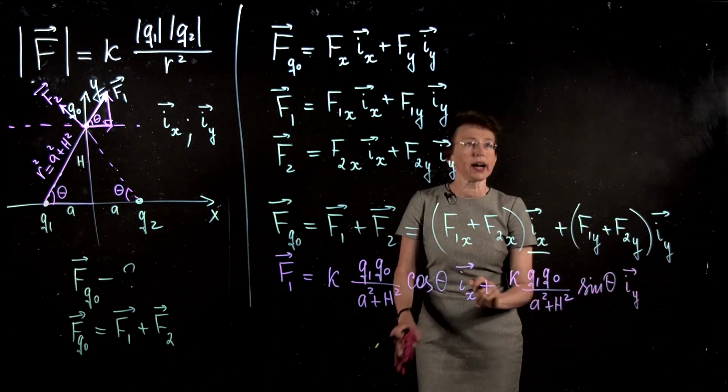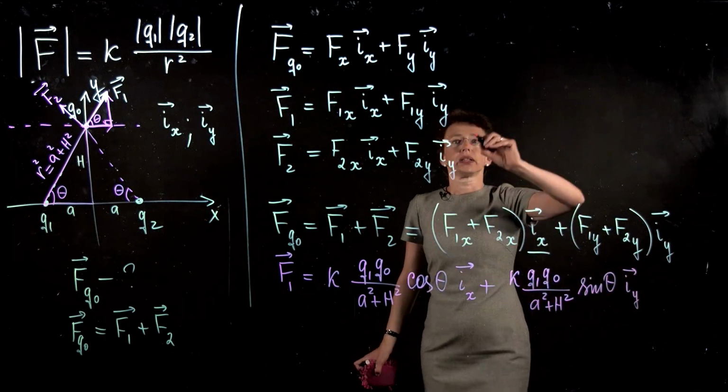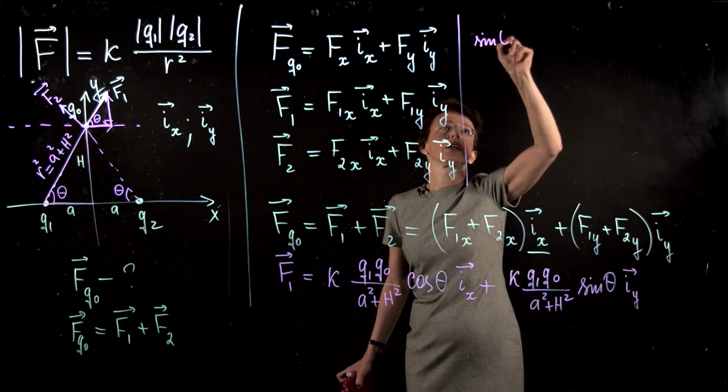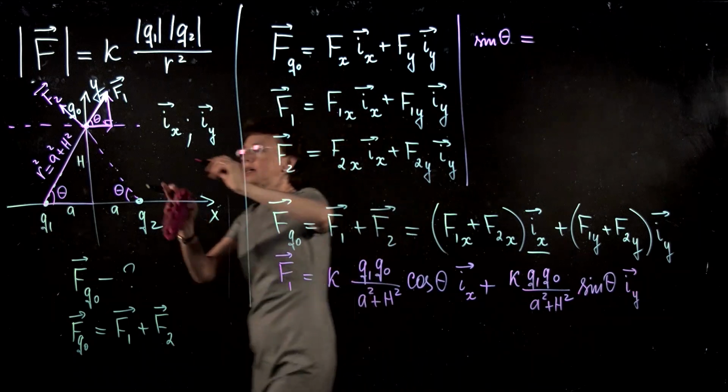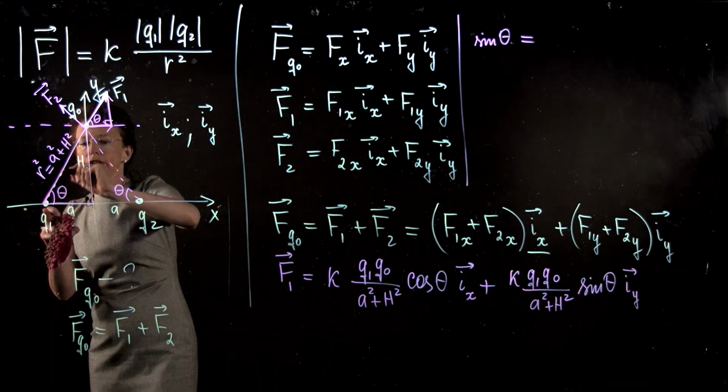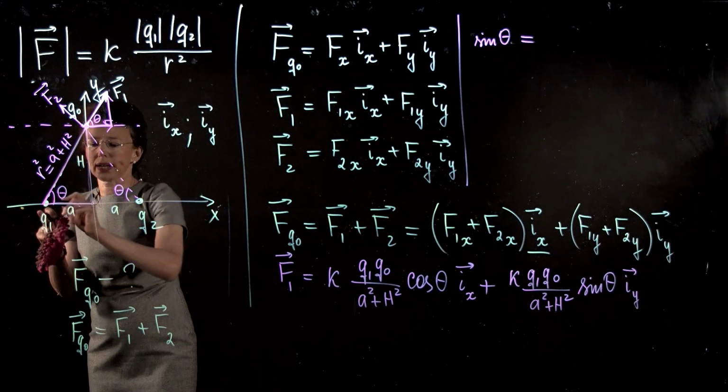So what is cosine theta and sine theta? Let's find out. Which triangle will I use? Let's use this triangle to find sine theta.